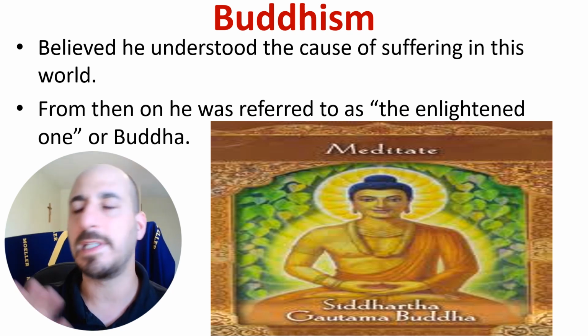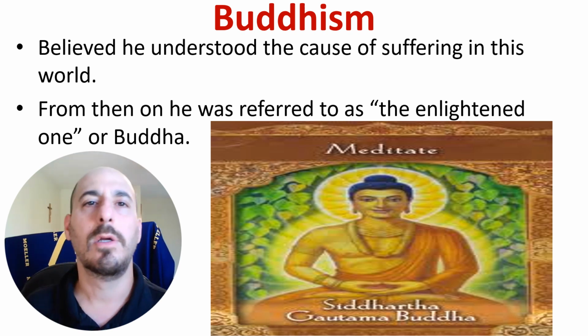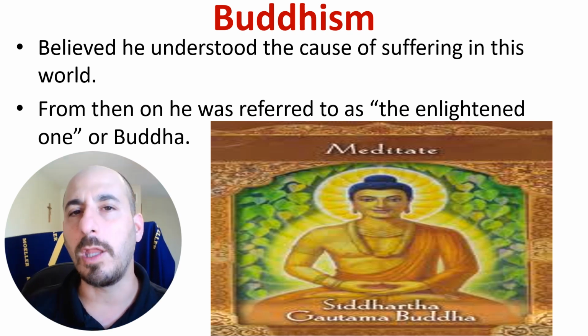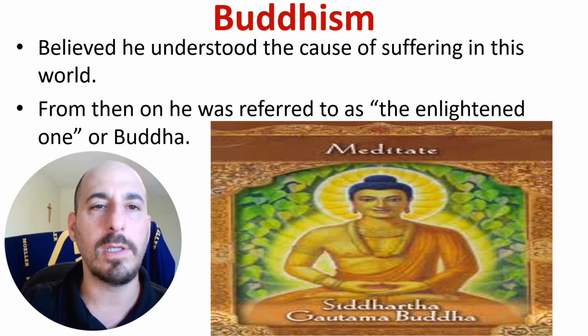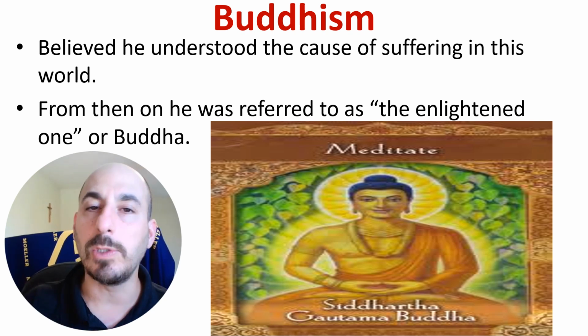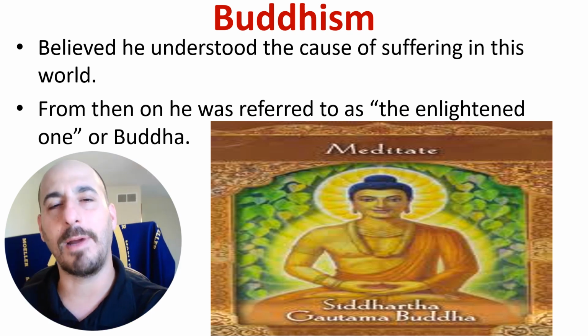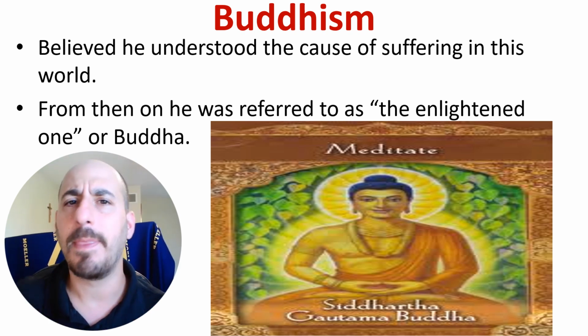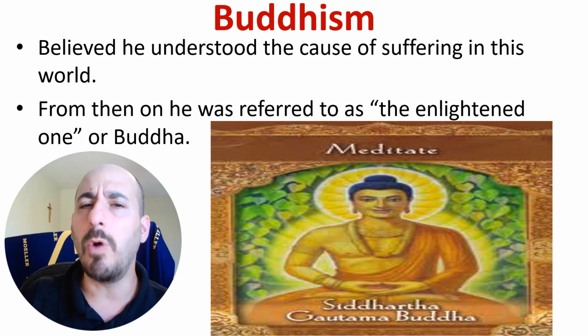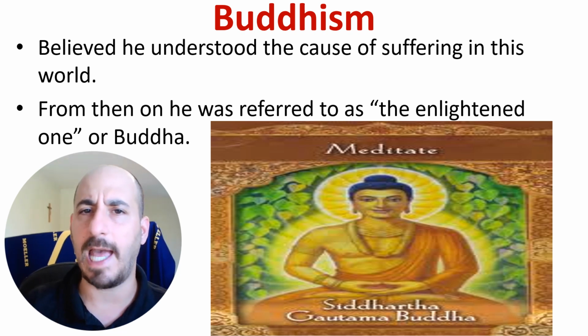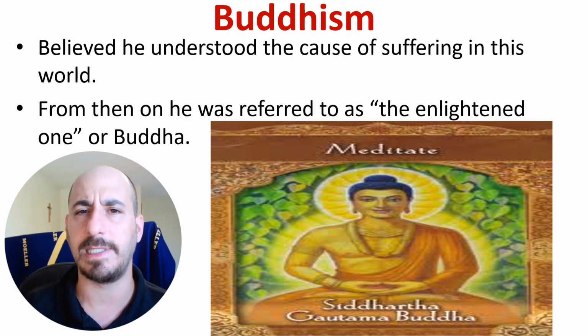People start to refer to him, instead of calling him Siddhartha or Mr. Gautama, as Enlightened One. Enlightened One, I have a question. Enlightened One, can you help me? Enlightened One translates to Buddha. So they're referring to him by this status, basically. And that's not an unheard of thing. You all know people who get called by certain statuses. That's incredibly common in society.